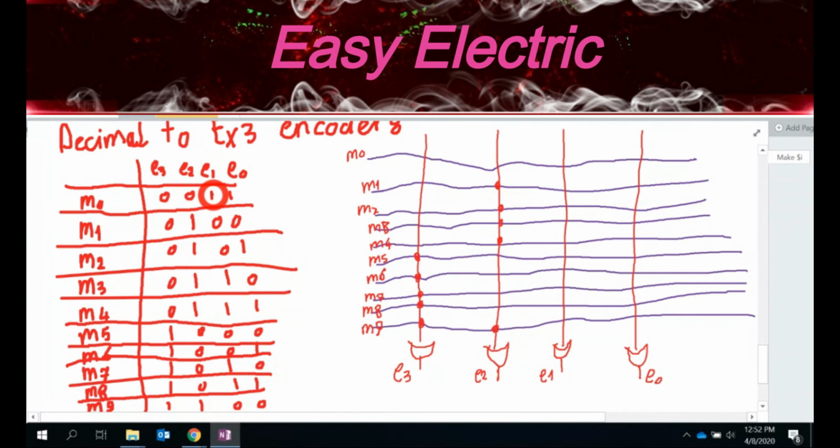Check E1. You have one on 0. Then you have on 3 and 4. So this is 3, this is 4. And then you have on 7 and 8, right? You have on 7 and on 8.